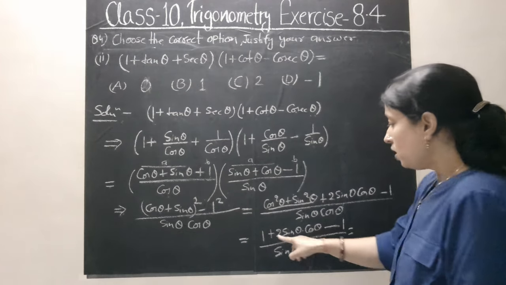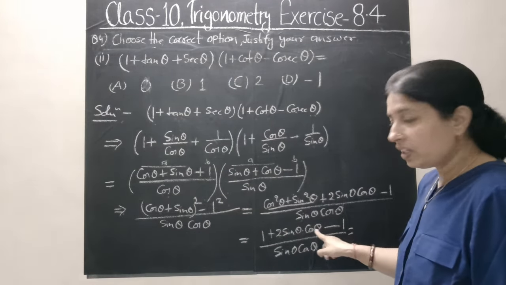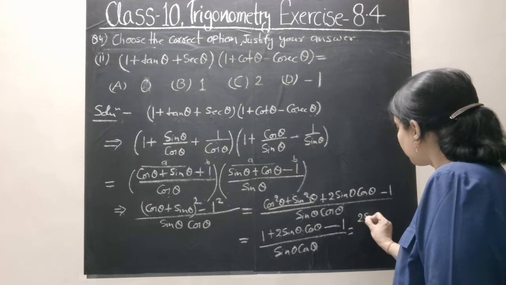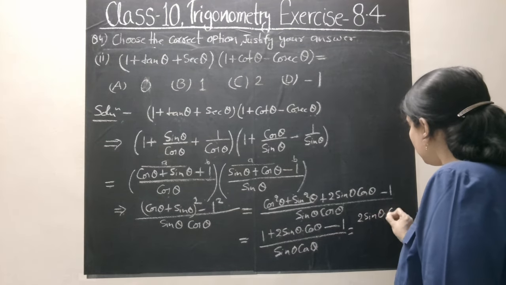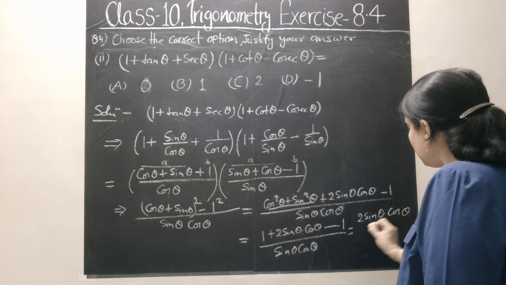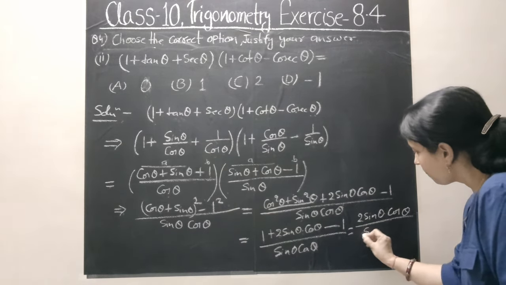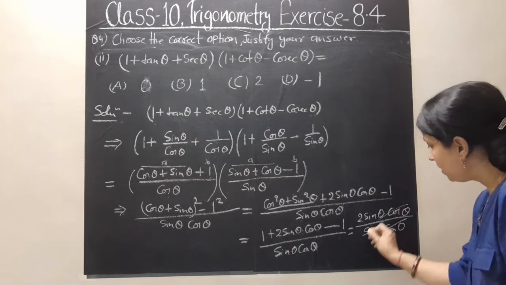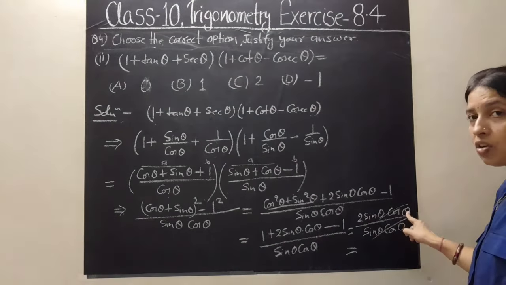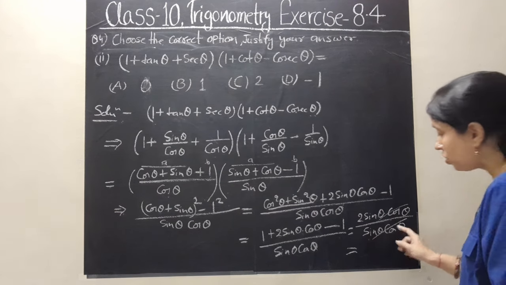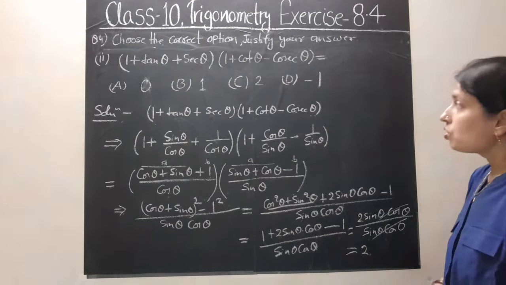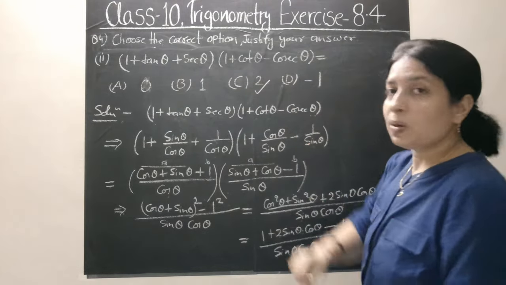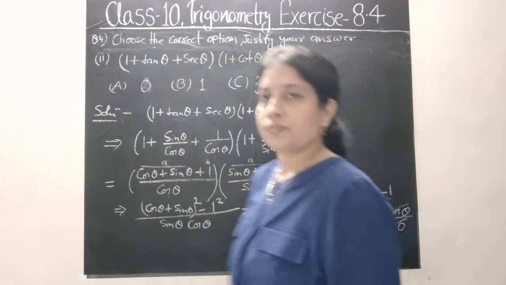So it will come 2 sin theta into cos theta divided by sin theta into cos theta. Divide that. Here sin theta cos theta, here also sin theta cos theta. So it comes 2. So your answer will be 2. So 2 is option number C. Option number C is right option.